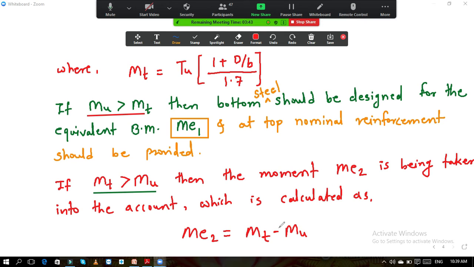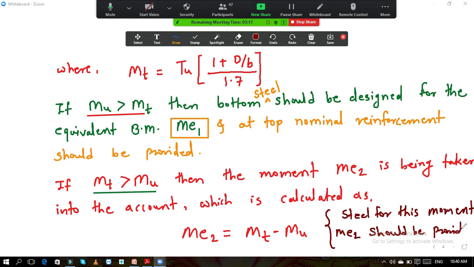And the important thing is, I will write over here: steel for this moment ME2 should be provided at top. So steel for this moment should be provided at top.